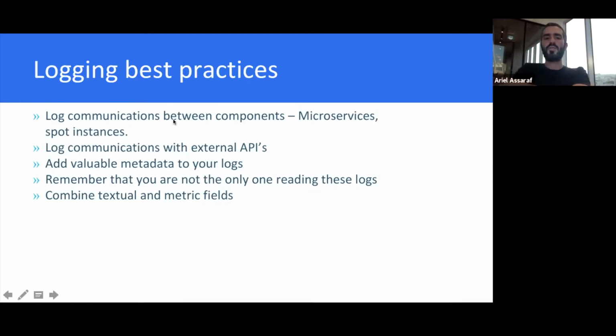Log communication with external APIs. That's a big issue that a lot of companies have, and we constantly get questions about this from our customers. A lot of the times you're relying on many external services, whether it's payments or email sending services like SendGrid or machine learning APIs. And so you want to understand exactly how you communicated with them, because you have a blind spot over there.